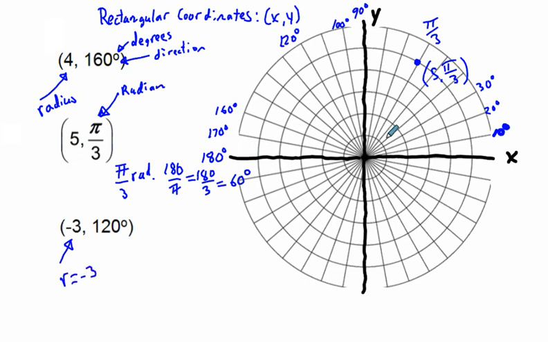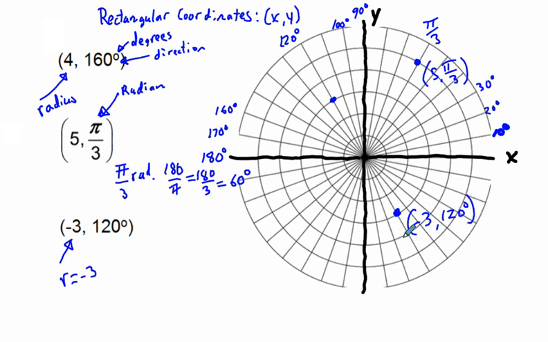Well, what does that mean? If we go to 3, it would be right here. Now, in polar coordinates, you can have a negative radius. When you have a negative radius, you go in the opposite direction, opposite the origin. So we're going to go 1, 2, 3. So this is the polar coordinate pair -3, comma, 120 degrees.